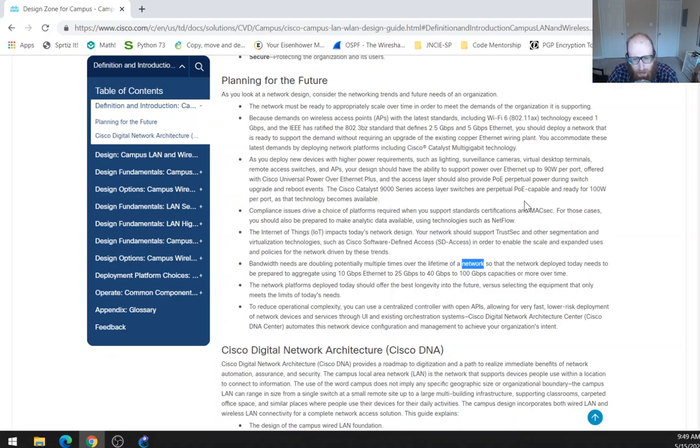So is that one network or is it? I'd like to see a little bit more of that, but I'm not really skeptical of this claim that bandwidth needs are doubling potentially multiple times over the lifetime of a network. It just seems intuitive to me that it is true with Moore's law and all that sort of thing.